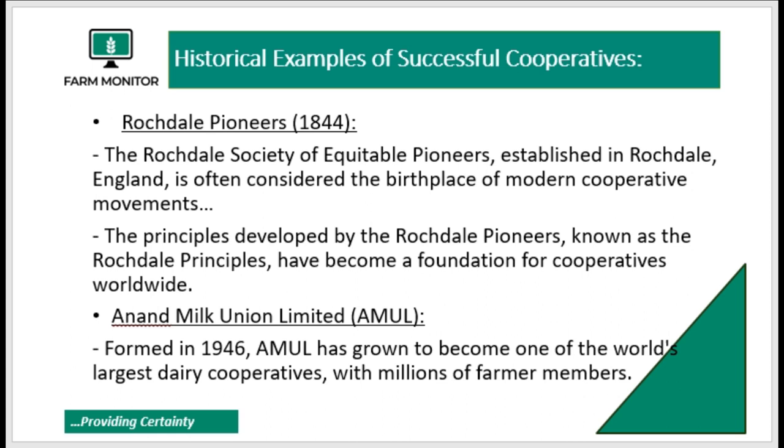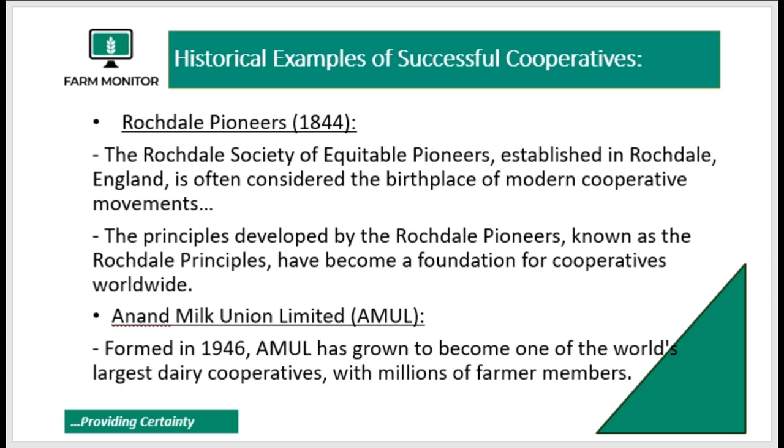This is historical perspective. Then another example is the Anand Milk Union Limited. This group was formed in 1946. It's a cooperative of dairy people, who dealt with milk. It's a dairy cooperative in India. They were able to transform agriculture in their time.